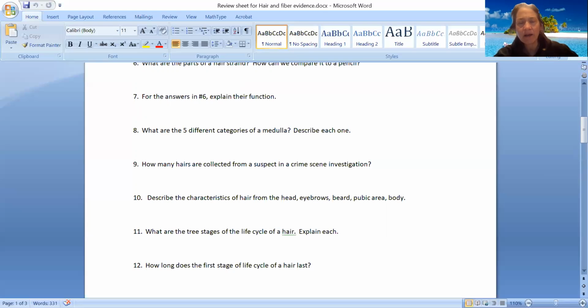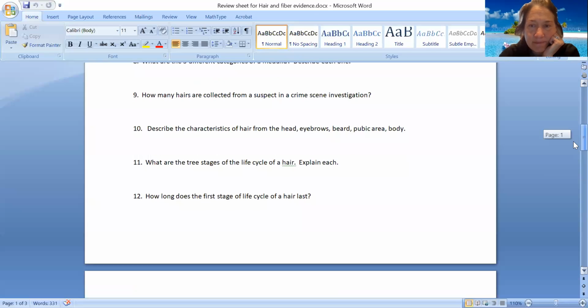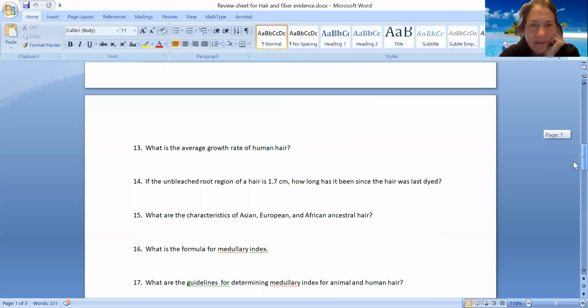And the telogen, telo meaning end, is when it starts to be dormant and then the hair falls out. Okay, how long does the first stage last? We said 1,000 days. What is the average growth of hair?